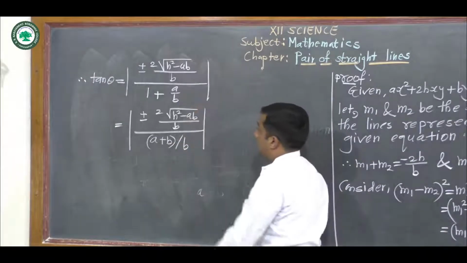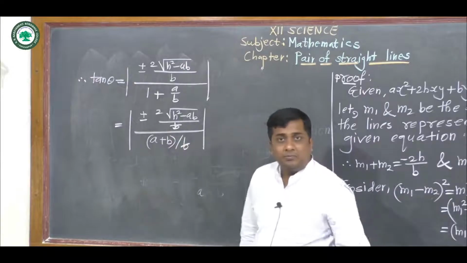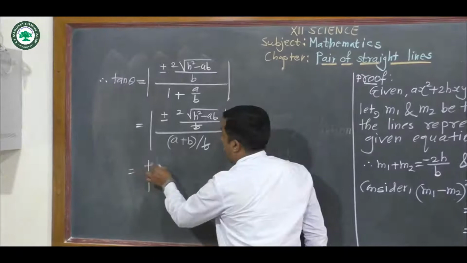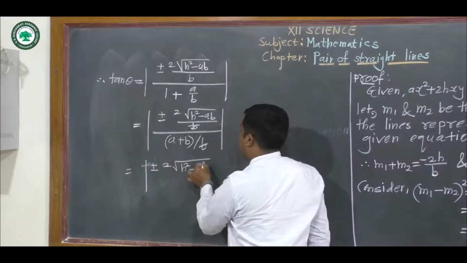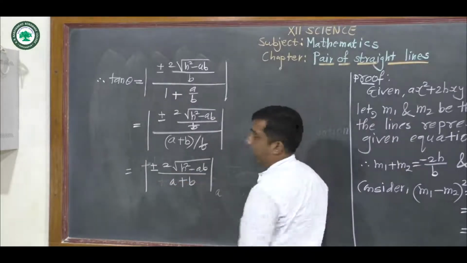Now b and b cancel, so only remains plus minus 2 into square root of h square minus ab, divided by a plus b.